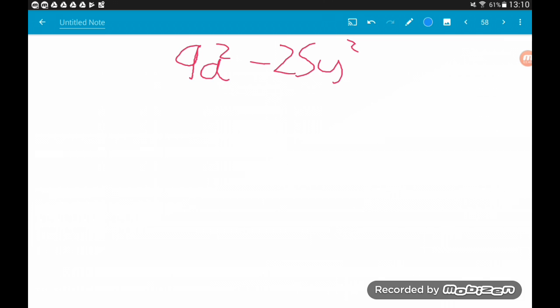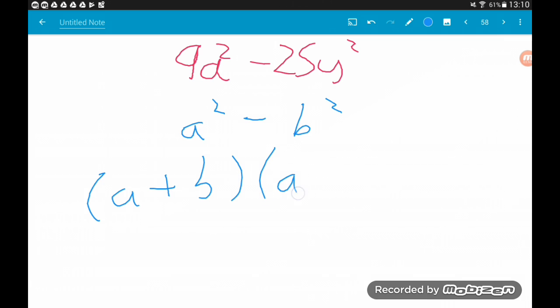So we can think of this as a squared minus b squared, which factorises to (a plus b) times (a minus b). If a squared is 9x squared, then a is that square rooted.